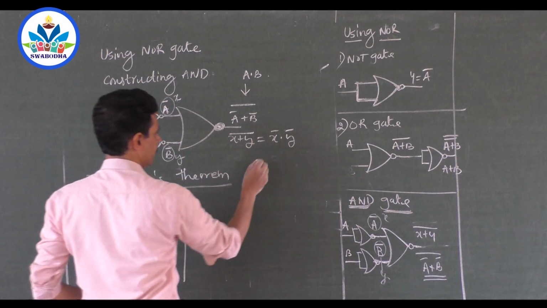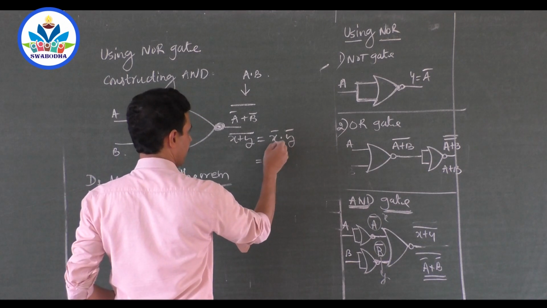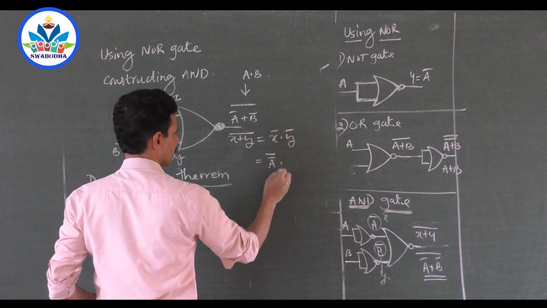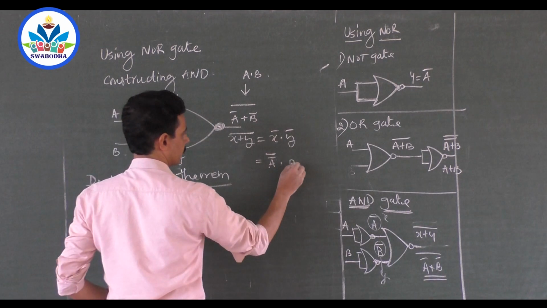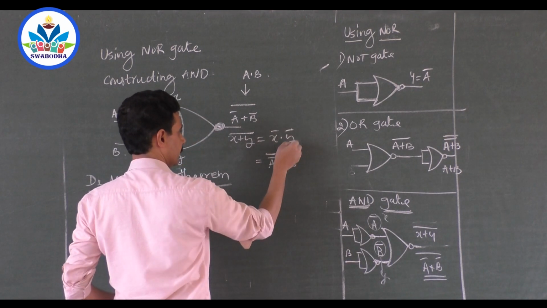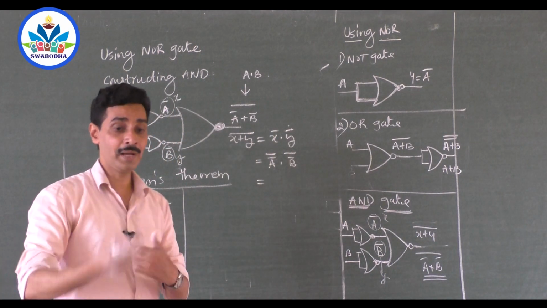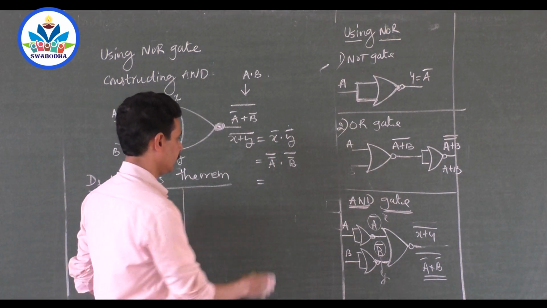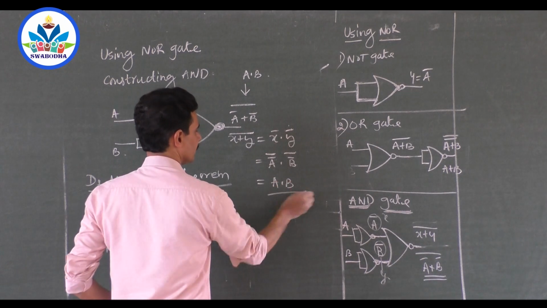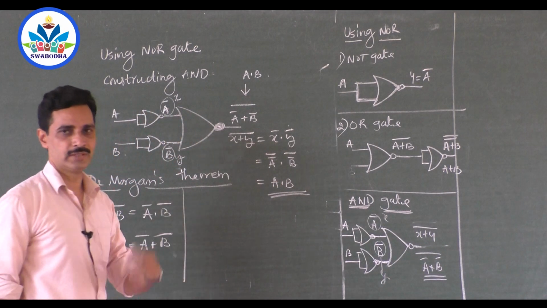X is actually A bar, there is one more bar, dot. Y is B bar, there is one more bar here. What is bar bar? 0 bar 1, again bar 0. You will get back the original value, A dot B. This is how we do that.